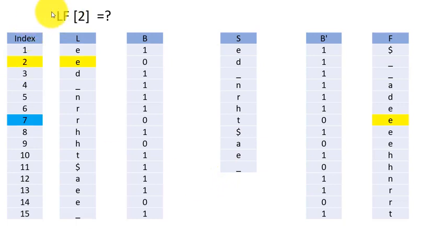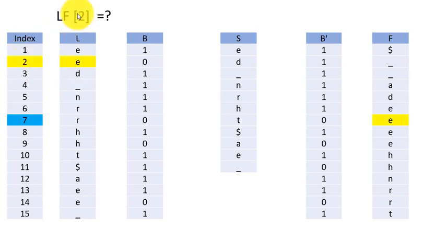And then our task is to calculate what LF2 is. LF2 means, if we have the last column and the first column, in the traditional method of decoding, you can just look for index 2.